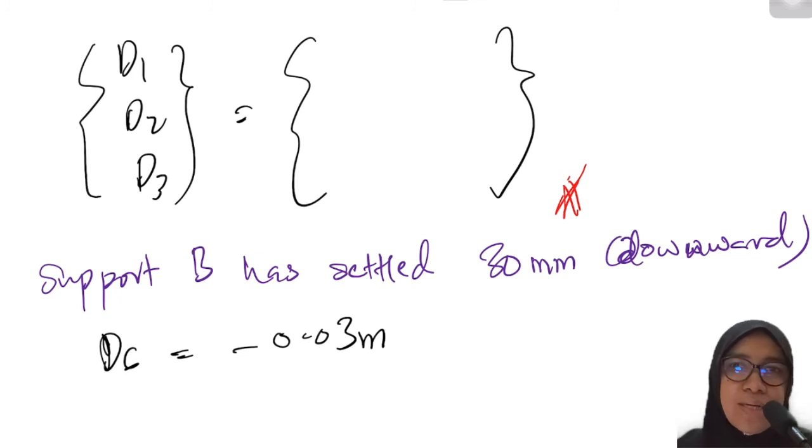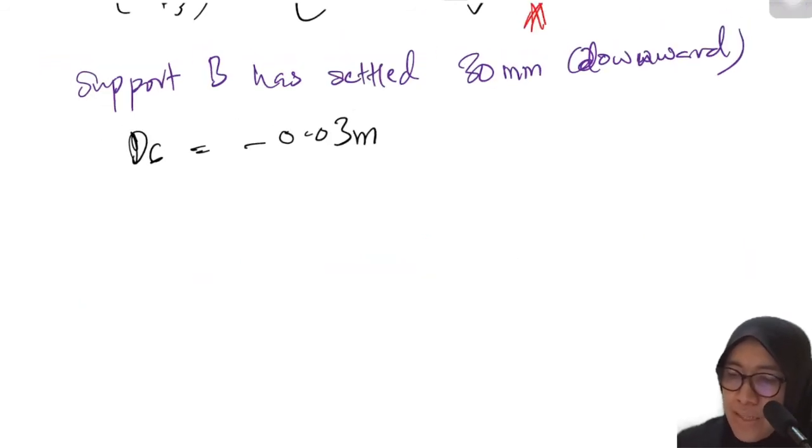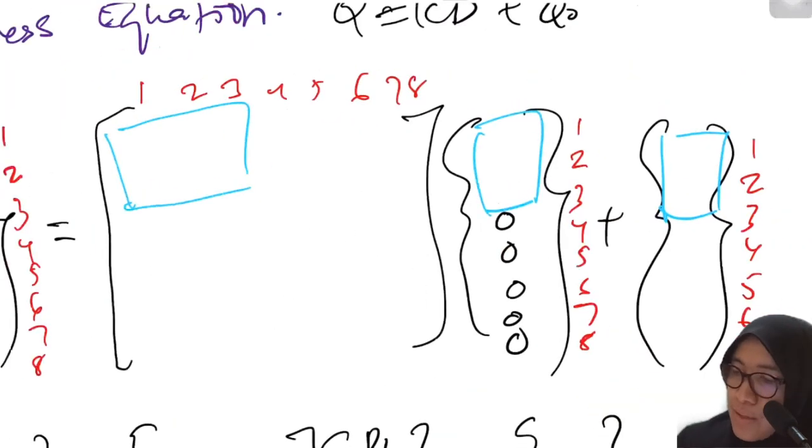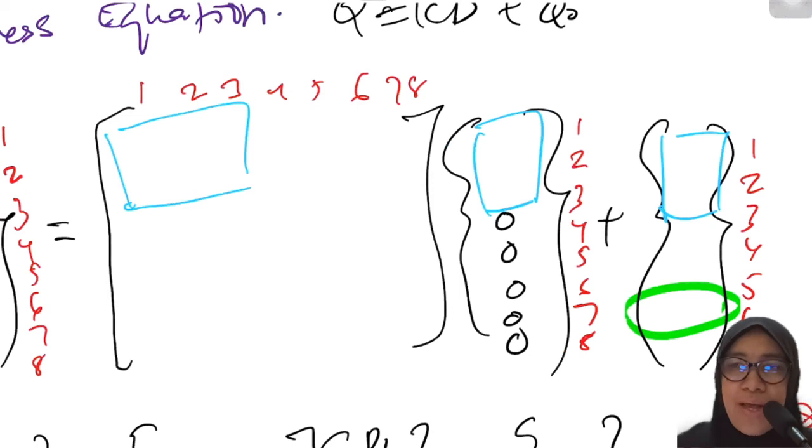So how to consider this? Actually, to consider the support settlement, it is just the mathematical solution. How you will analyze the matrix multiplication whenever D6 has value. So in this equation, D6 will have the value.